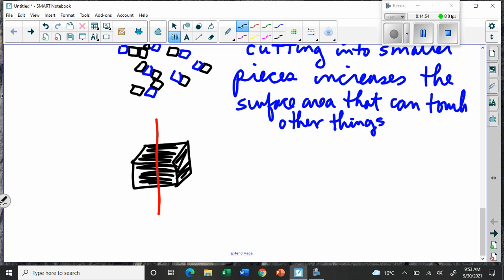Look what happens when we open up the halves. Here's one half, and here's the other half. There's a new surface here. This part was inside the block before, and of course you can't see it, but it's on the other side of there too. Two new surfaces have formed that weren't there before.